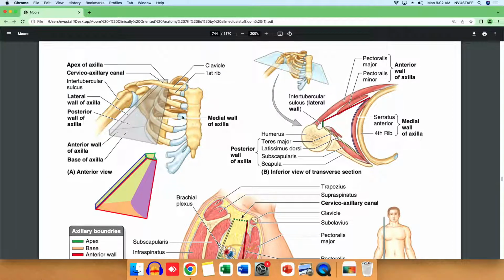And here you can find that the apical region, or apex of the axilla, is represented by the cervicoaxillary canal. So the canal where we have the passage of different structures, such as innervation and the blood supply.